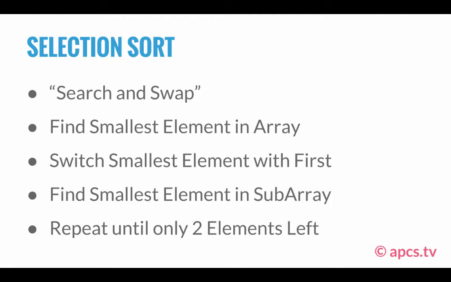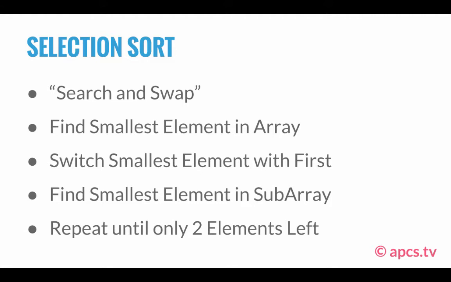Now, whatever the smallest element is, it switches the smallest element with the first element. So now, whatever the first element is, it's the smallest element in the array or the list. And then it finds the smallest element in the subarray.